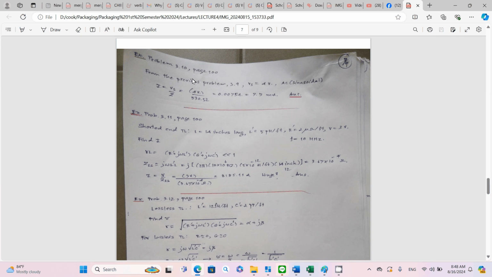Problem 3.10, page 100. From the previous problem 3.9, Vs equals 4 volts. This is simply the AC signal as you define the current. So the current simply becomes Vs over Z, since you already worked out Z, the input impedance, from the previous problem.